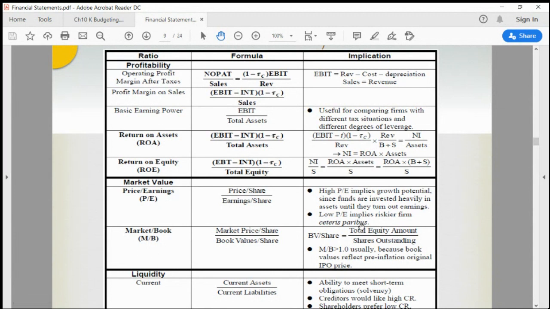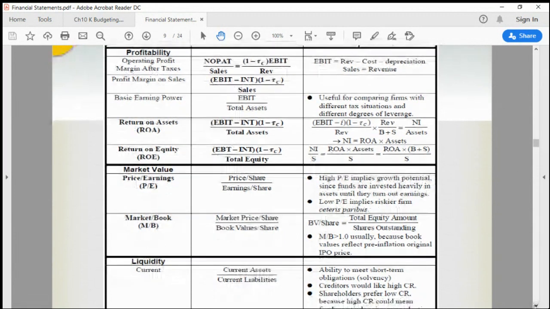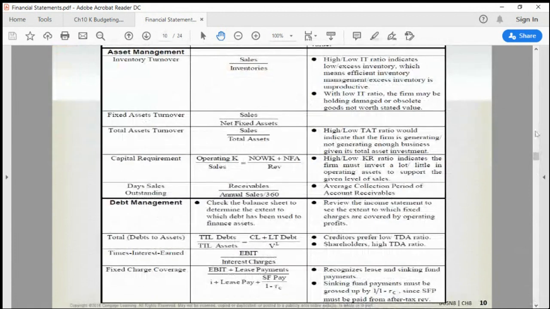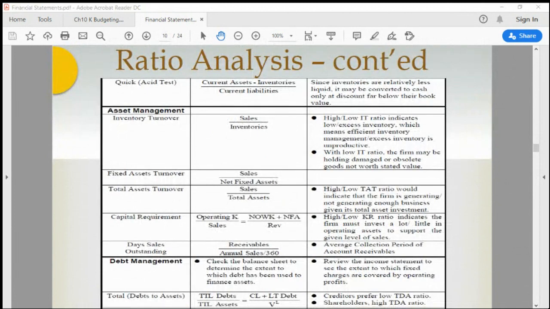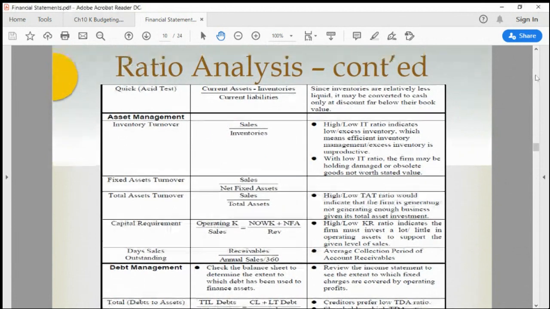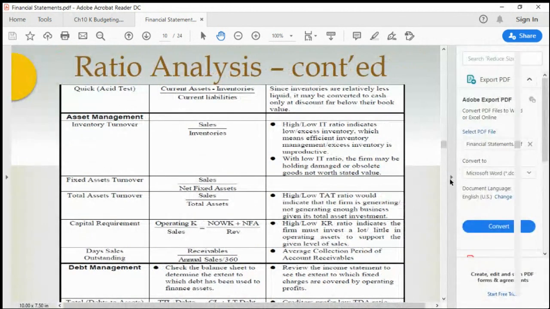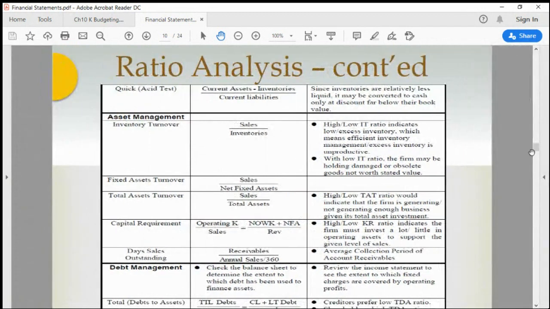And then there is a market valuation category. But again, we will come back to market valuation later, although it is listed as the second category here. Actually, this will be the fifth category that we're going to look into. And then the second category is liquidity. Okay, this is getting a little chaotic.